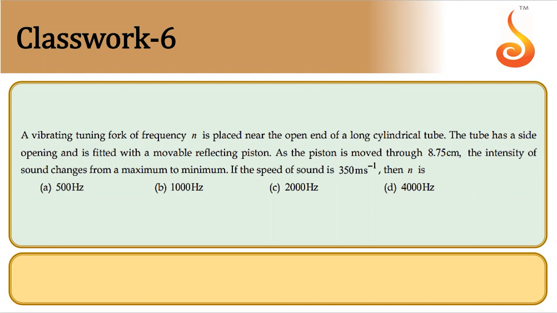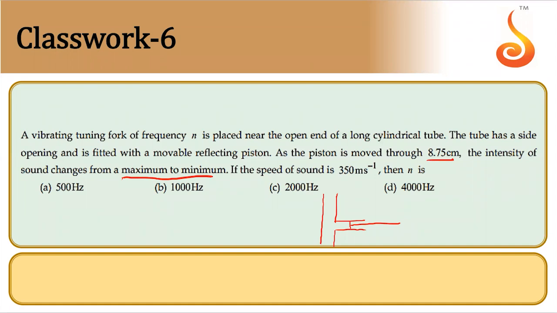So this is based on stationary waves. So there is a side tube for the cylindrical tube, and here there is a piston. So the piston is moved through 8.75. Then what happens? There will be a change in intensity from maximum to minimum.